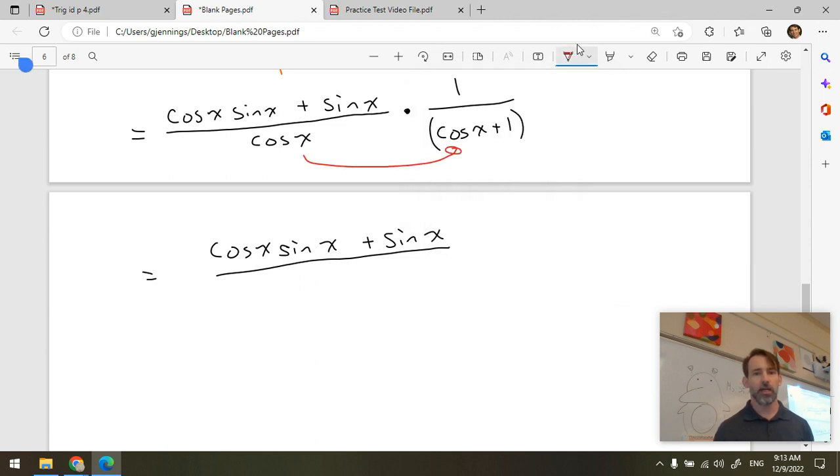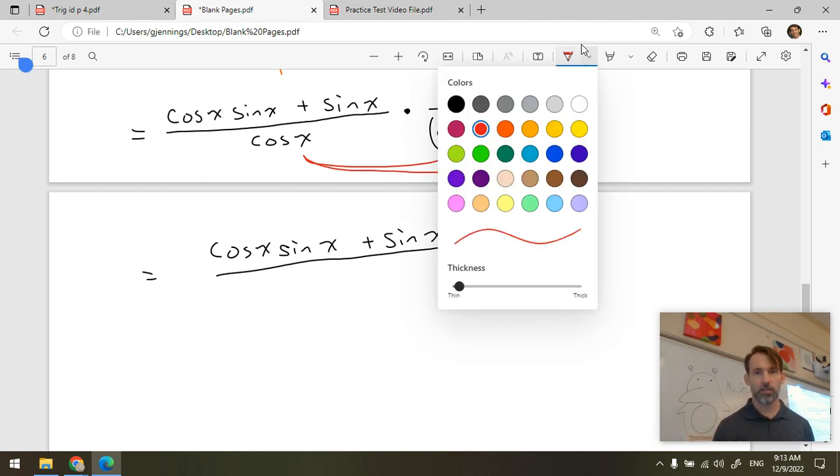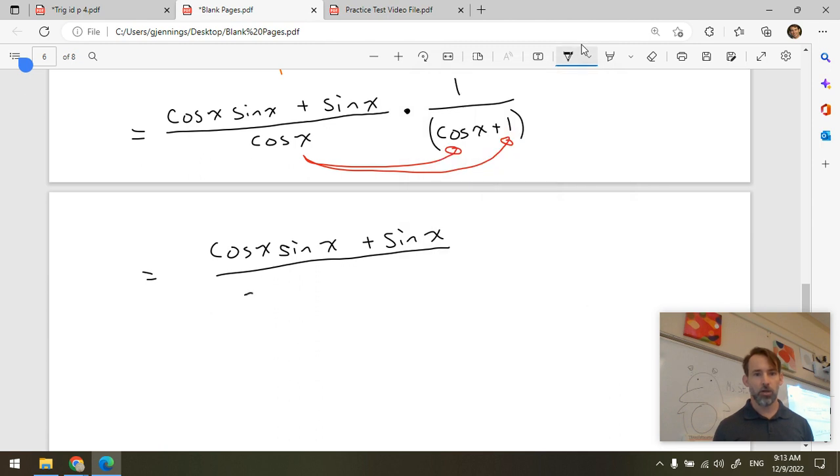Cosine x times cosine x plus cosine x times 1. I have to use my distributive property here. So that's going to give me the numerator cosine squared x plus cosine. And it looks like we can't make any more progress.